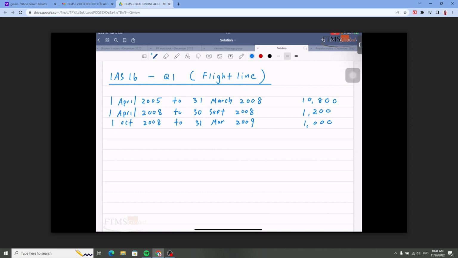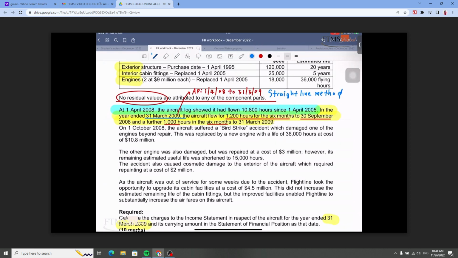So if you continue with the question, on 1st October 2008, the aircraft suffered a bird strike accident which damaged one of the engine beyond repair. Right, then they say this was replaced by a new engine with a life of 36,000.